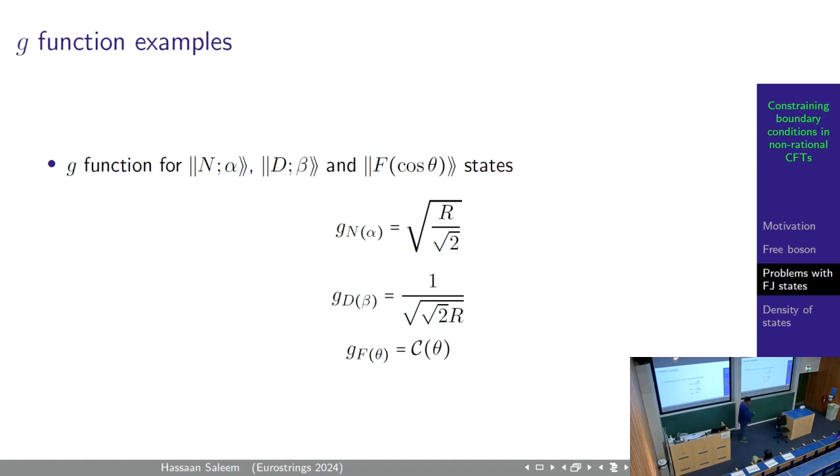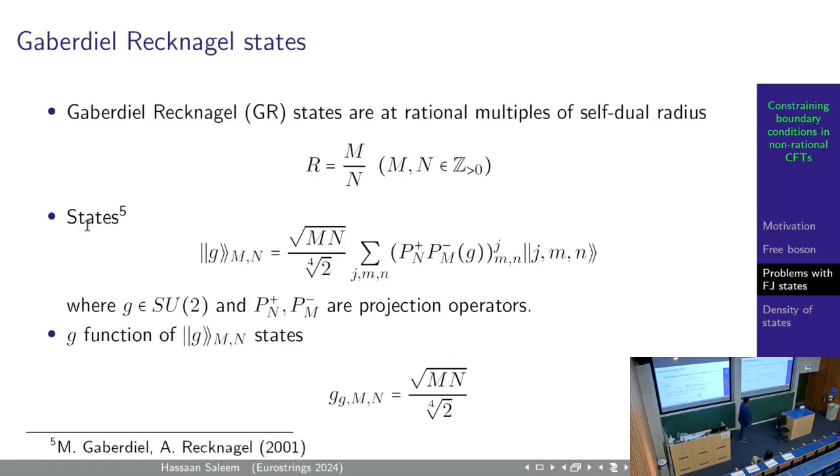The problem starts later. The problem starts when you start talking about Gaberdiel-Recknagel states. Now, these states were not included in the states that I talked about earlier. And the reason is that these states are not realized at every particular radius. These states are only realized when you have a radius which is a rational multiple of the self-dual radius.